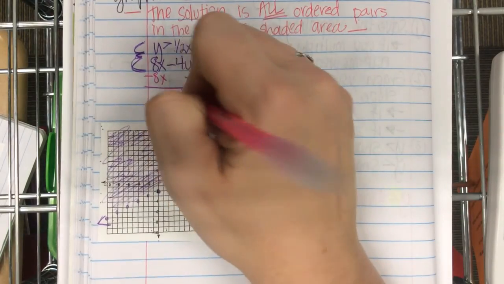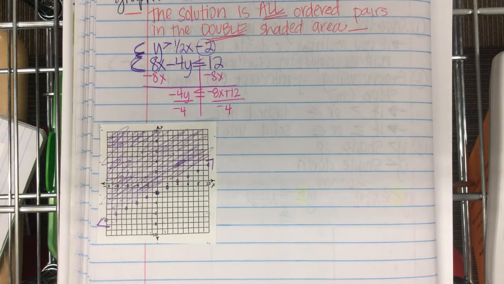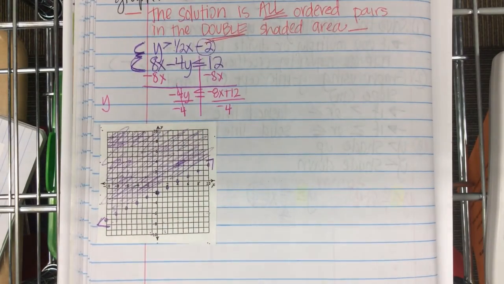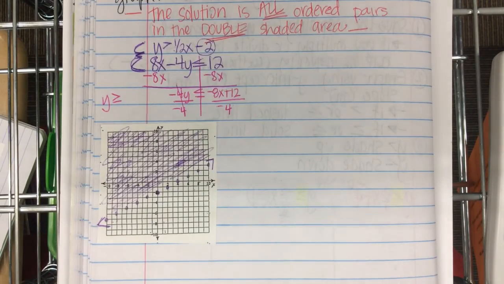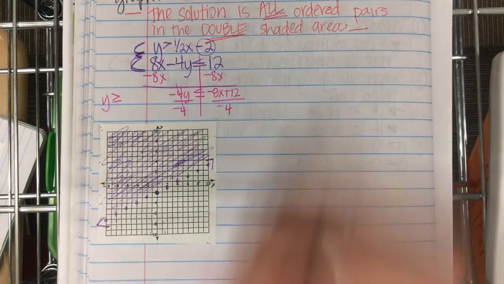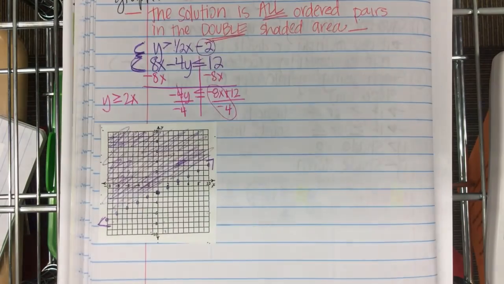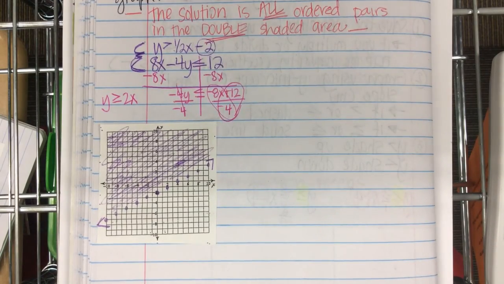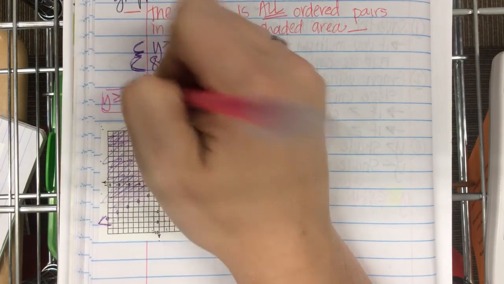I'm going to divide by -4, leaving me y. I divided by a negative value, so I flip the sign. What's -8x divided by -4? 2x. And what's 12 divided by -4? -3. So there's my inequality that I'm going to graph.